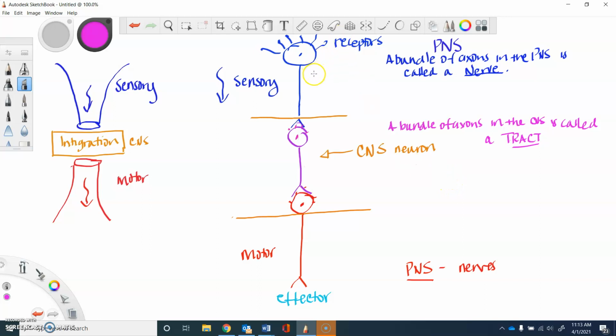Another thing about neurons is that their cell bodies aren't just anywhere. They're not just all over the place. They're basically concentrated into different specific places. Okay?